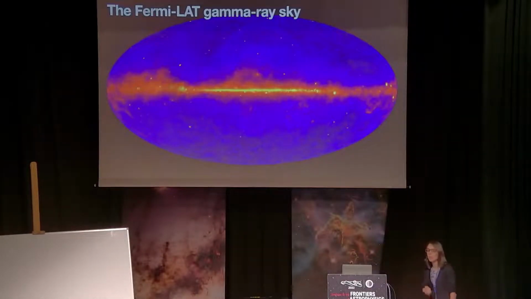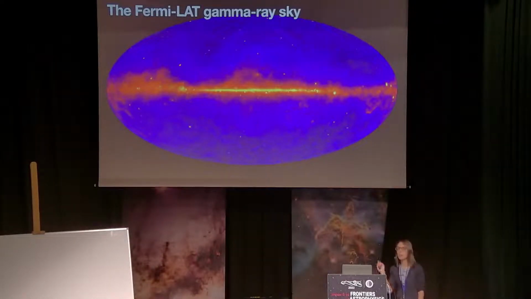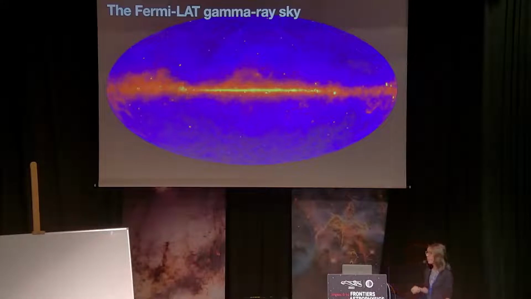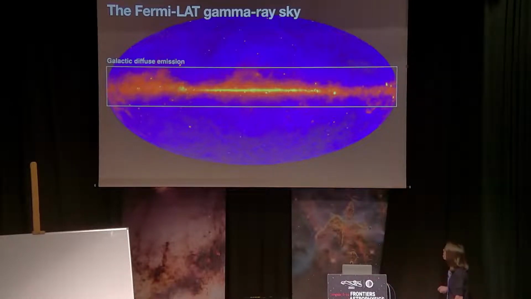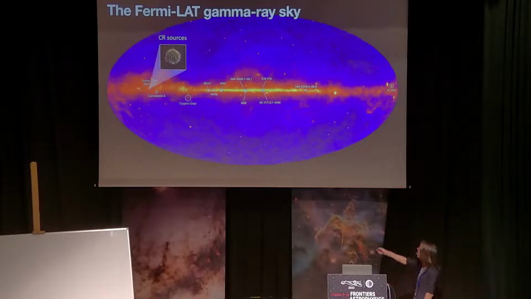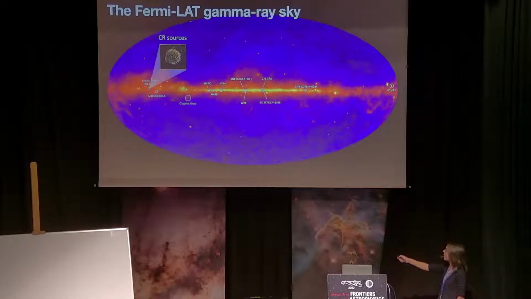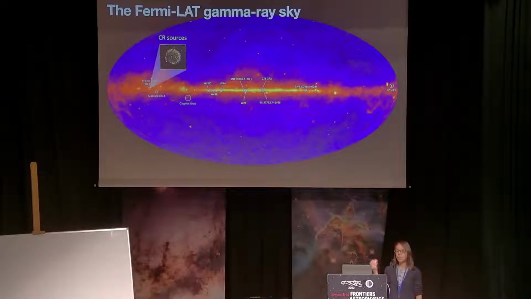So let's have a look in more detail at this Fermi LAT sky, but in general, the sky at GeV energies. You have this very bright emission from the galactic plane, which traces really the gas in our own galaxy. And why is that? As I explained, in the plane of the disk, you have plenty of galactic sources like supernova remnants and pulsar wind nebulae. They inject protons and electrons, typically at GeV energies.